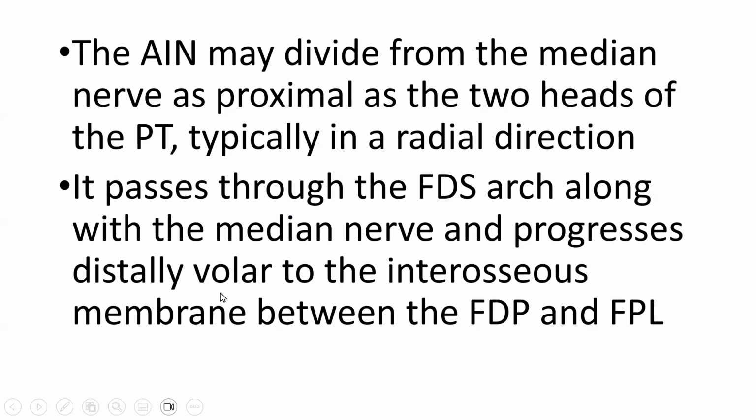You can have it in the region of the sublimis, where a branch, the anterior interosseous nerve, is under compression. The anterior interosseous nerve may divide from the median nerve as proximal as the two heads of the pronator teres, typically in the radial direction.